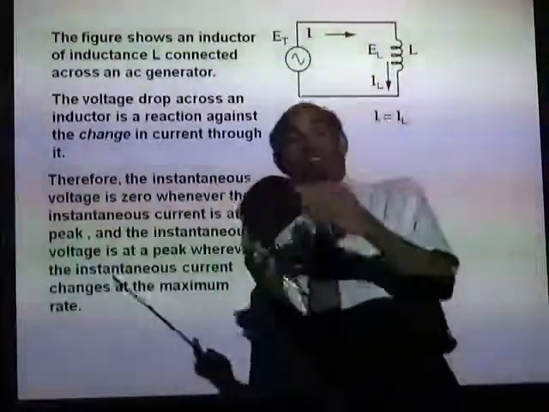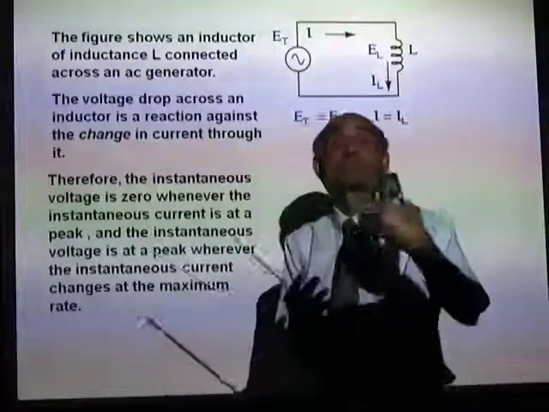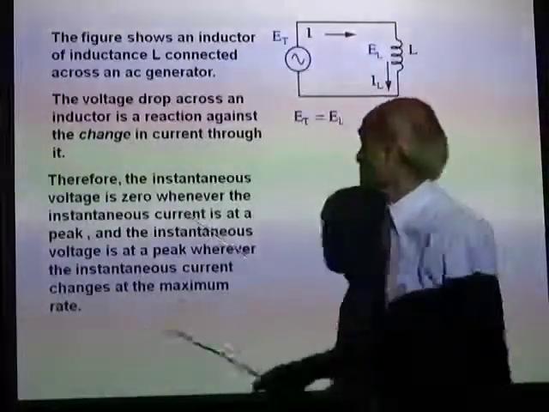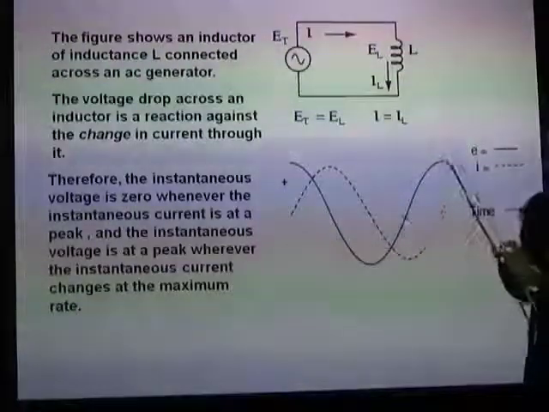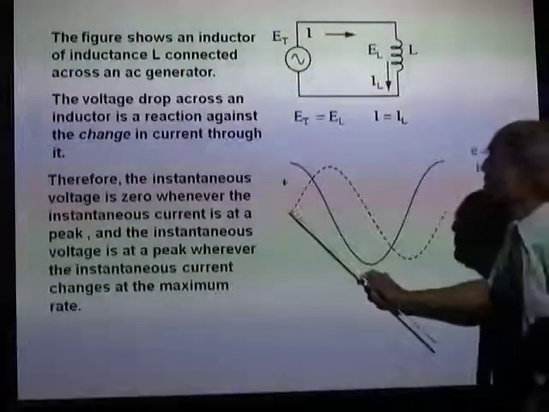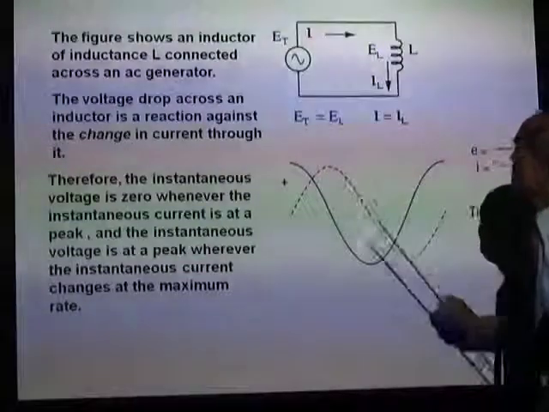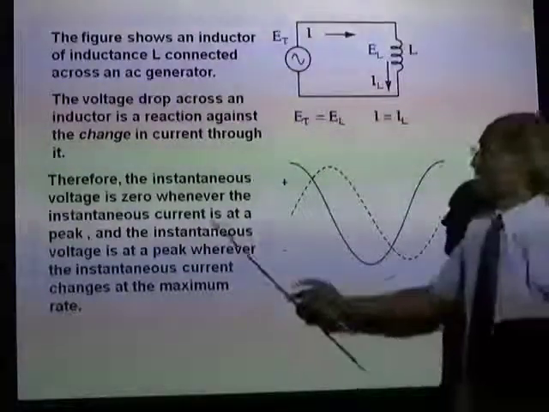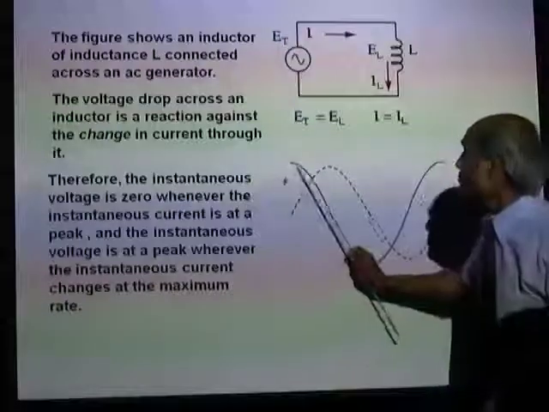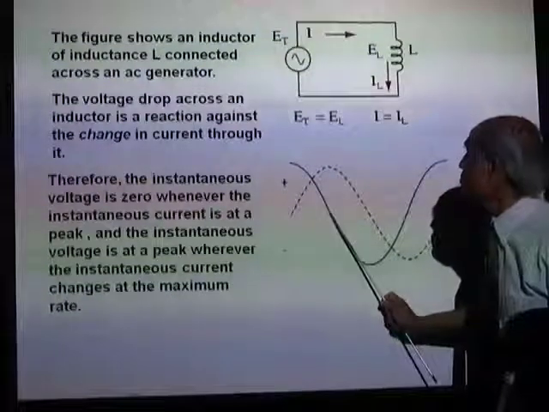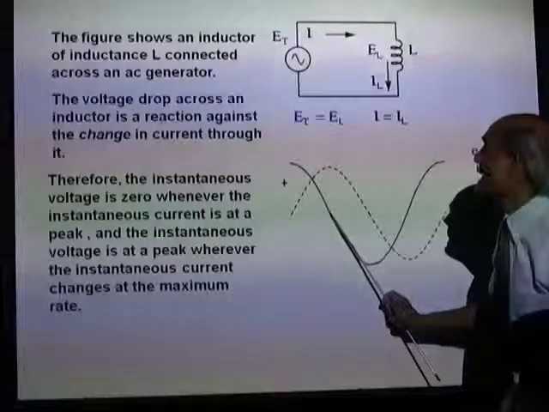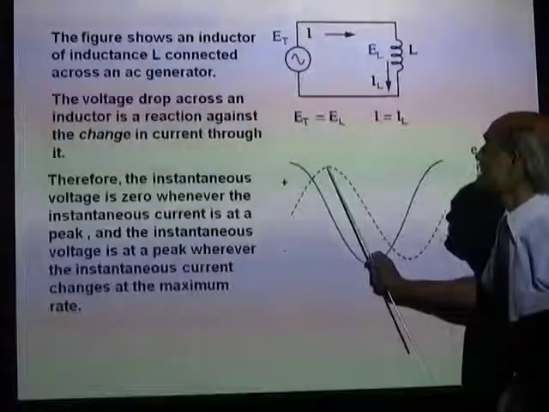Only a changing current will produce an induced EMF. So look at this. The blue represents the EMF and the brown or the red represents the current. The instantaneous voltage is zero when the instantaneous current is at a peak.